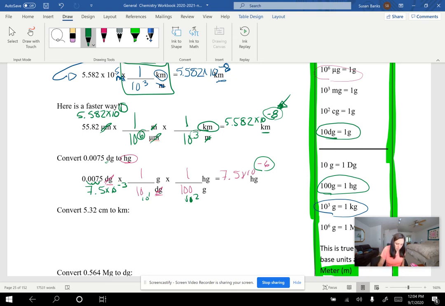Okay, so let's do this next one together. I want to convert 5.32 centimeters to kilometers. This is getting kind of busy, so I'm going to erase these. I want to look at centimeters and kilometers.